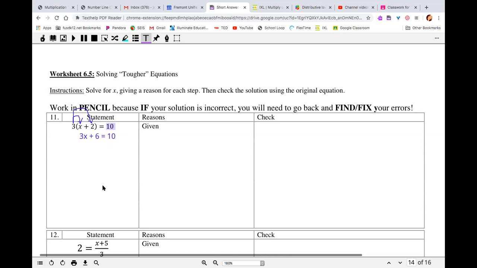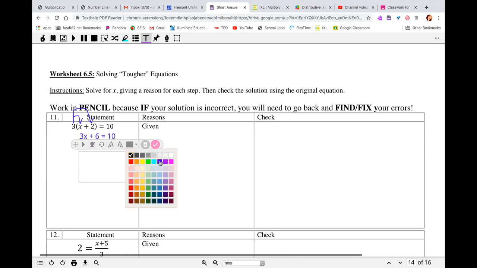All right, now what do I do next? Do the order of operations backwards. Okay, order of operations backwards. So I'm going to start with plus 6, which is minus 6. Okay, so I'm going to do minus 6 on both sides.